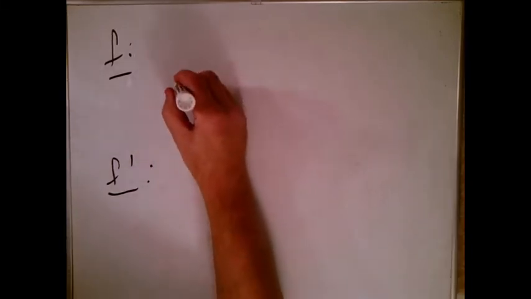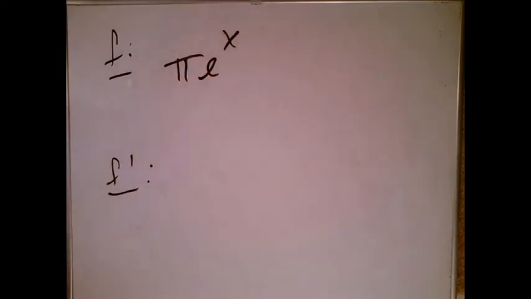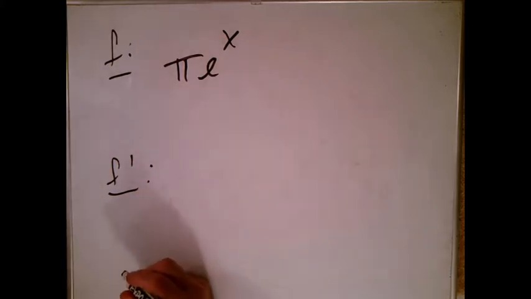Here we go. Looking at the next one, it's pi times e to the x. Okay, pause the video, see what you would think to take the derivative. Welcome back. When I see this, I see pi, which is a coefficient, times e to the x, which is one of our core ones.